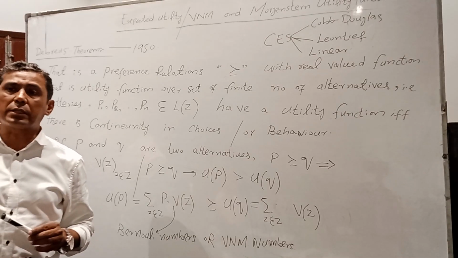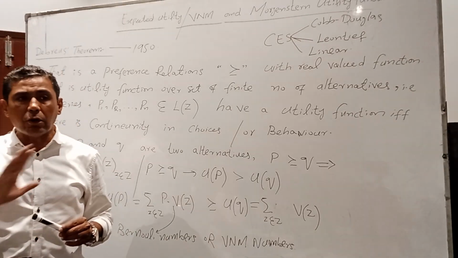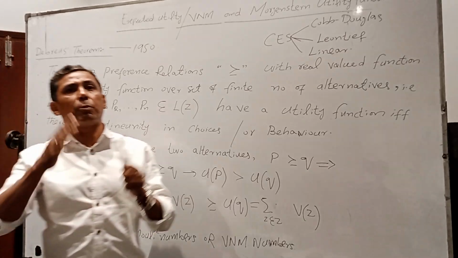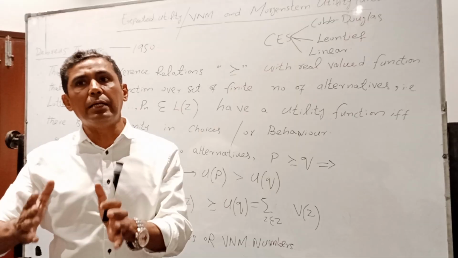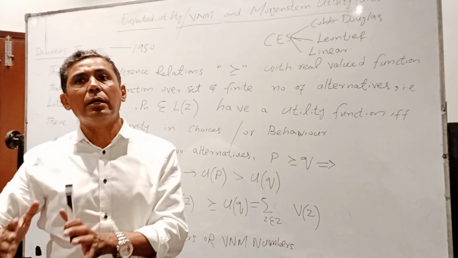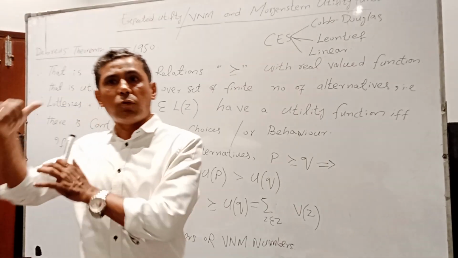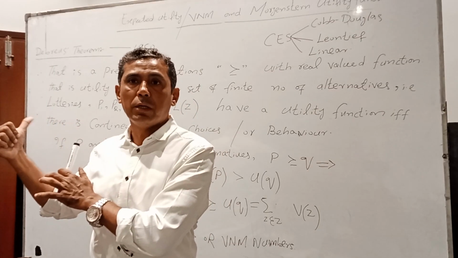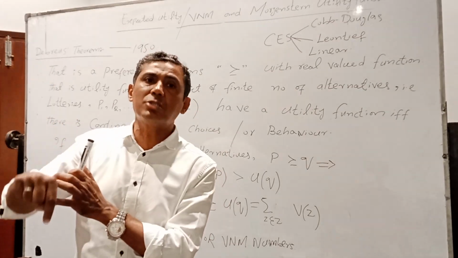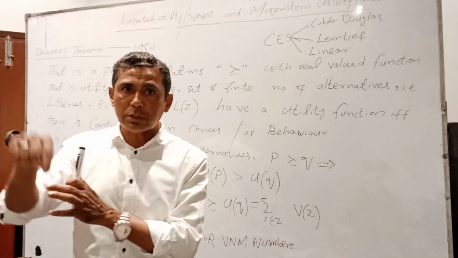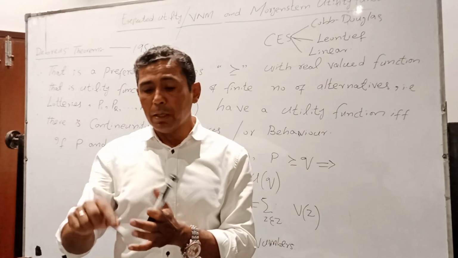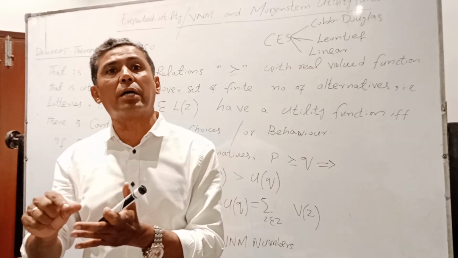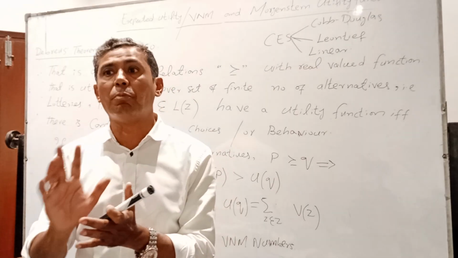We just discussed the properties of independence and continuity, and why independence and continuity are important was focused on by the theorem. To prove the existence of the utility function, your set of alternatives should be finite, and you have to prove the continuity in your choices of bundles.